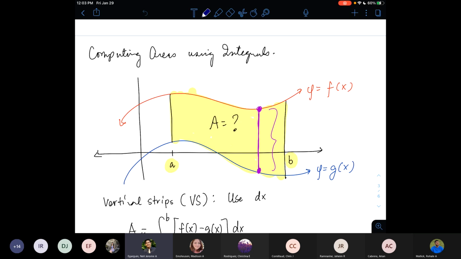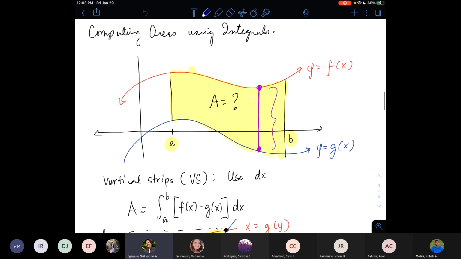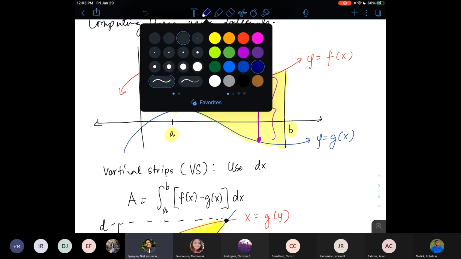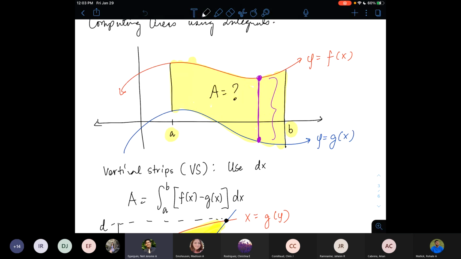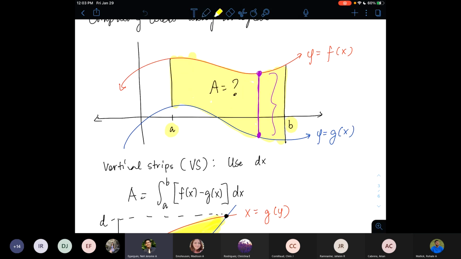You want to find the area of the shaded region, and if you decided to use vertical strips, then vertical strips, remember, always come with a variable x. This will also be useful for computing volumes. Always remember, vertical strips, you use dx, right? Once you know that you will have an integral with respect to x, you need to find the bounds for x.